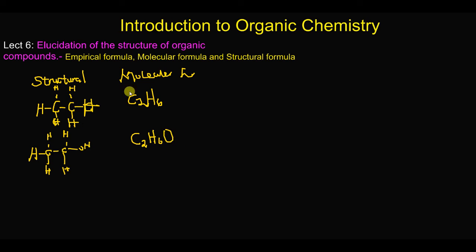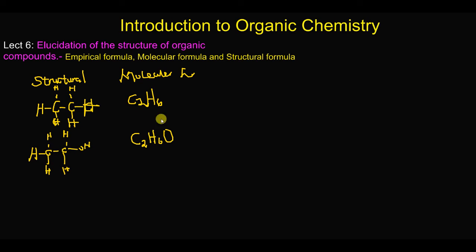So this gives us the actual numbers of each element within the compound. But the structural formula shows how the atoms are arranged around each other. So we can see where the OH is attached, where the hydrogen is attached, and how they are arranged in space. So that is it.